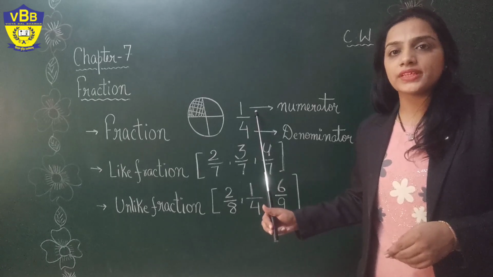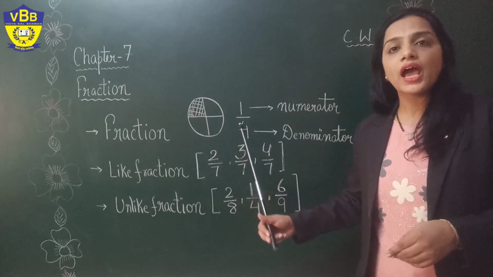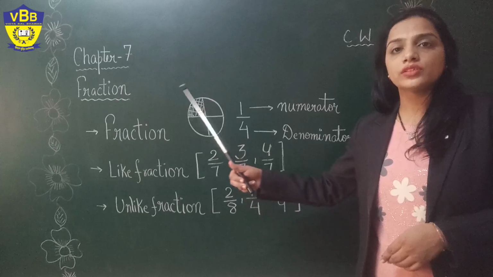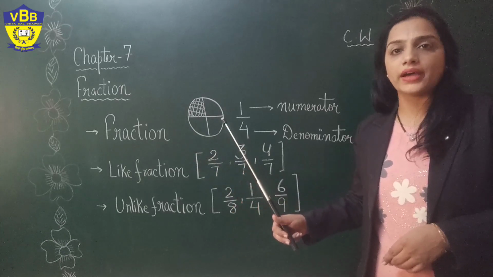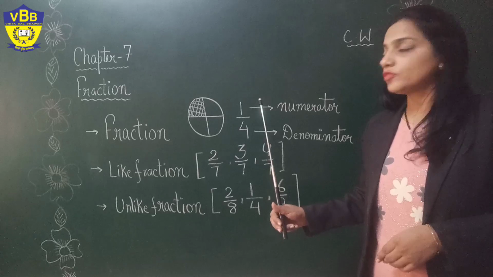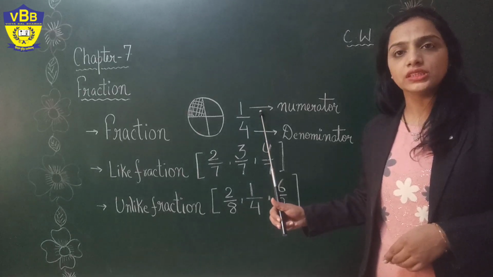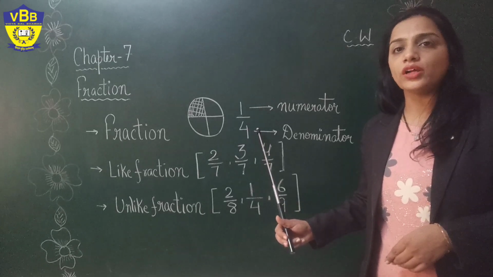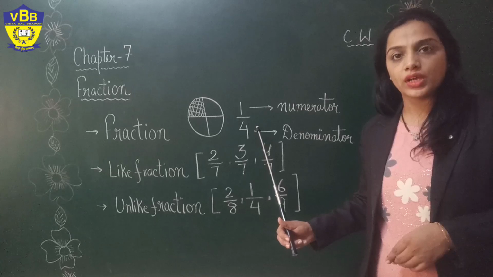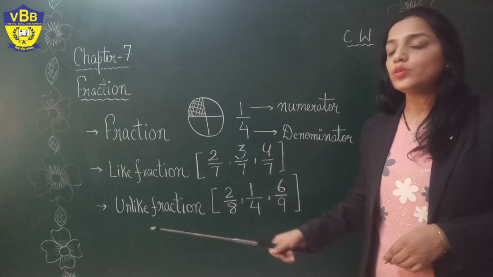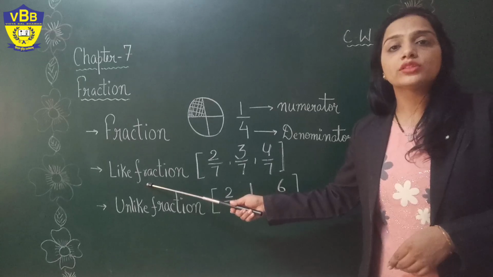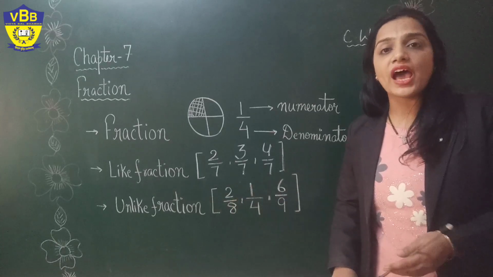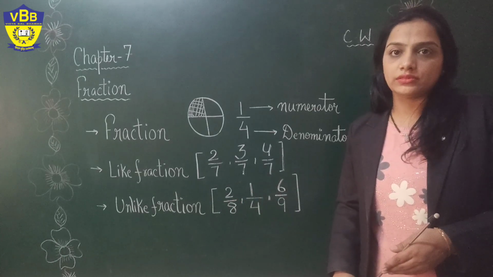Here 1 represents the shaded part and 4 represents the whole object, the total number of parts. The top one is called the numerator and the bottom part is called the denominator. Understand?